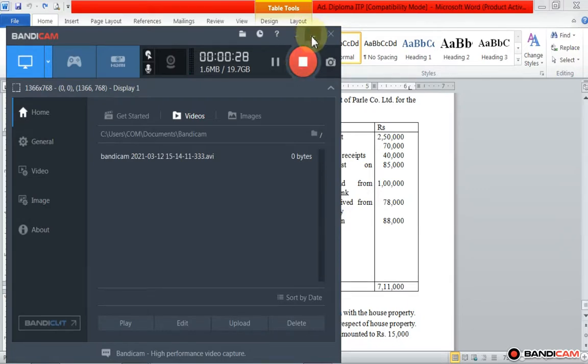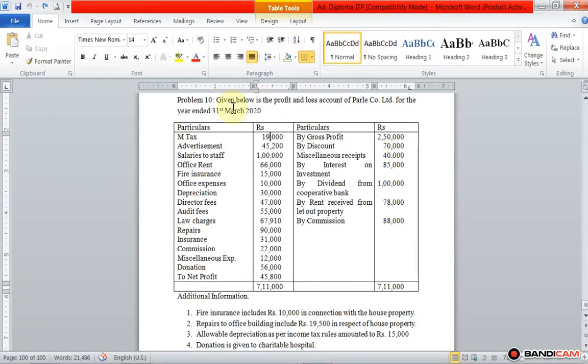So here is problem number 10. Given below is the profit and loss account of Parle Company Limited for the year ended 31st March 2020.